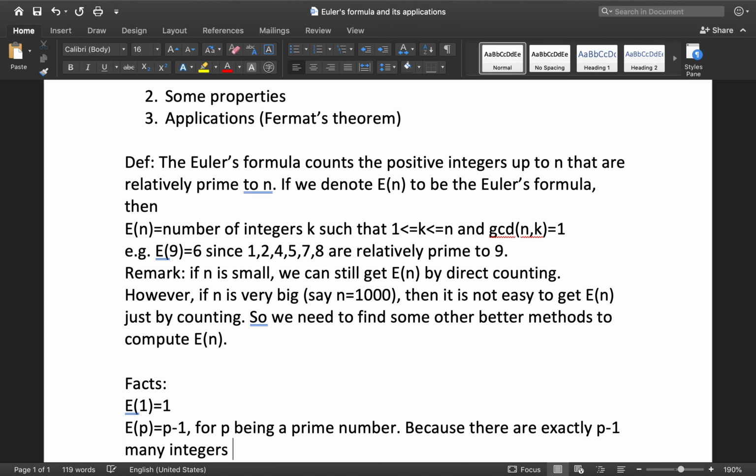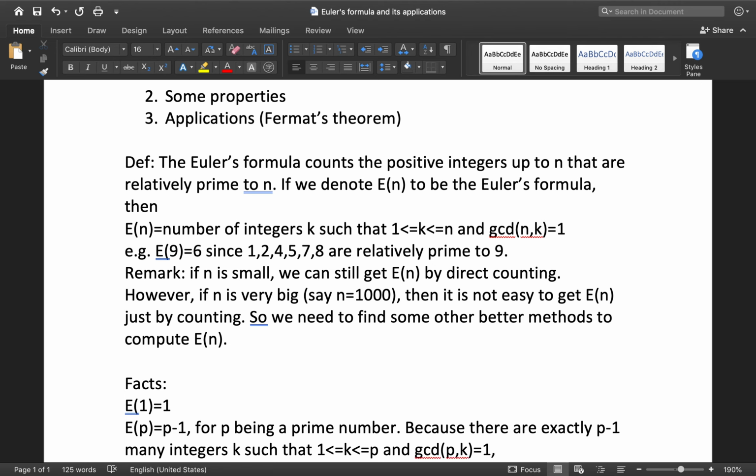You just write them all out, because in this case you can see that k is bigger than or equal to 1 but less than or equal to p, and also GCD of p and k is equal to 1.